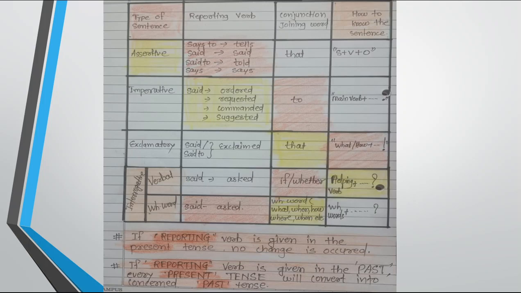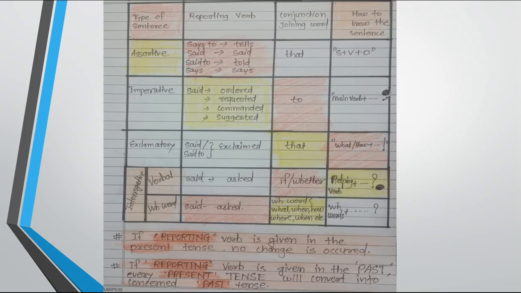Though the please is there, it is also considered an imperative sentence. I will tell you further. Exclamatory sentence: how to identify an exclamatory sentence? There is an exclamation mark in the sentence.